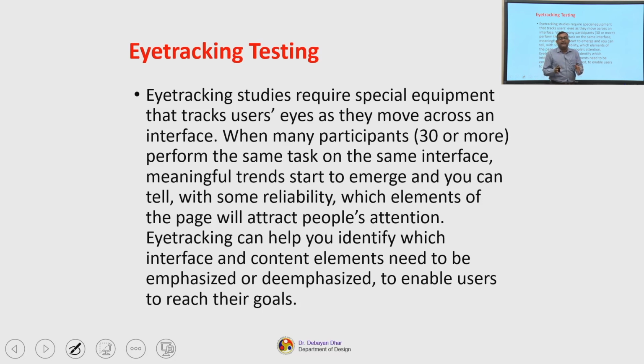So, eye tracking can help you identify which interface and content elements need to be emphasized or de-emphasized to enable users to reach their goals. Because the moment the user perceives that this is the feature I need to use and then move ahead, whatever distractions are there before that, you would be able to understand if you conduct an eye tracking study.